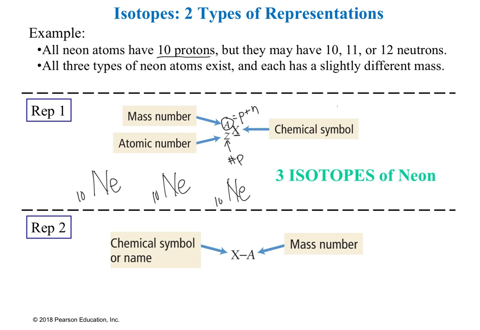Now there are 3 isotopes. They have 10, 11, and 12 neutrons respectively. So I would need to find the mass number, add each of those numbers to 10 protons. So I would get 20, 21, and 22. And those are the ways we could represent neon.